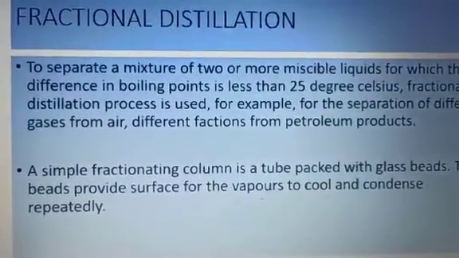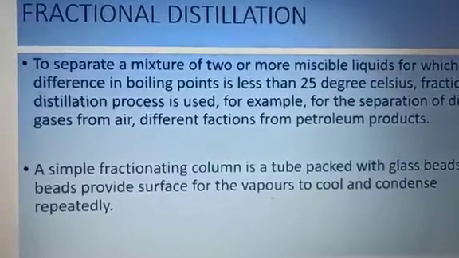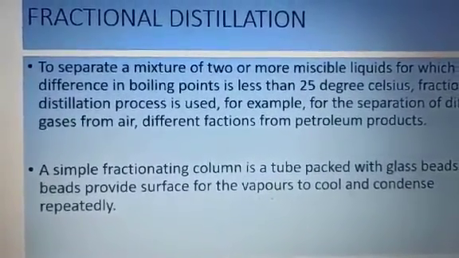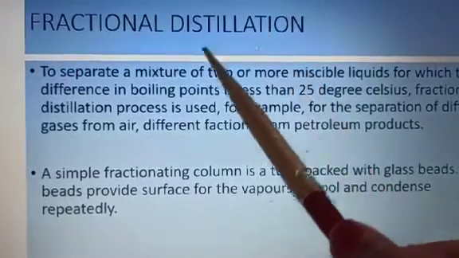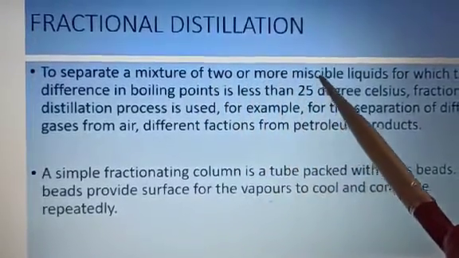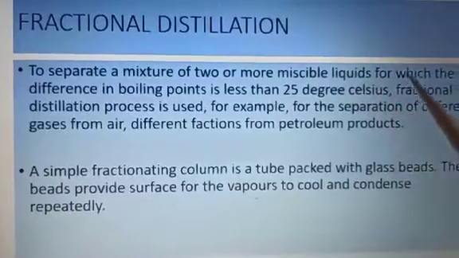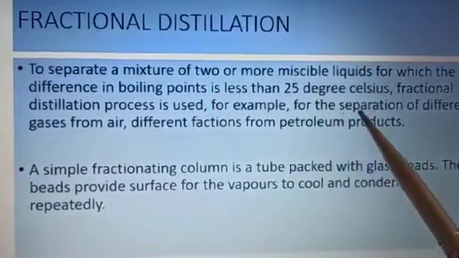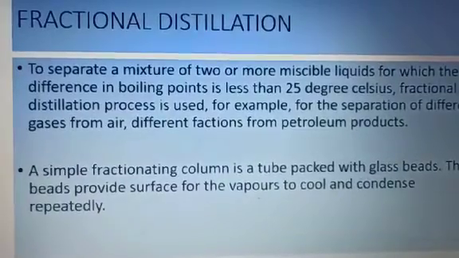Besides the distillation process, there is one more process, that is fractional distillation. Fractional distillation is used to separate a mixture of two or more miscible liquids for which the difference in boiling points is less than 25 degrees Celsius.